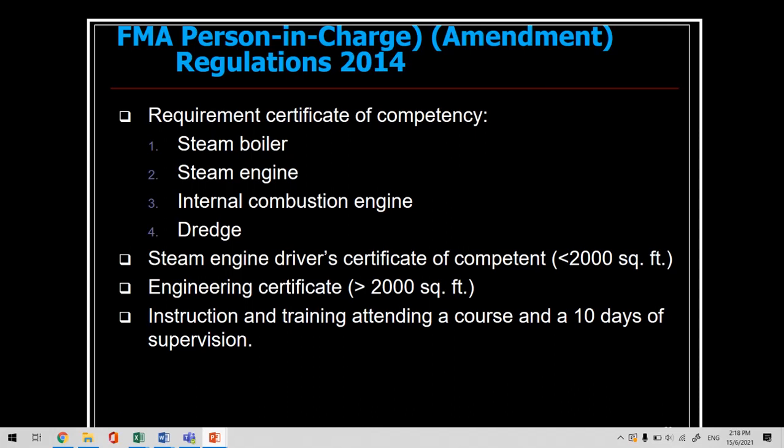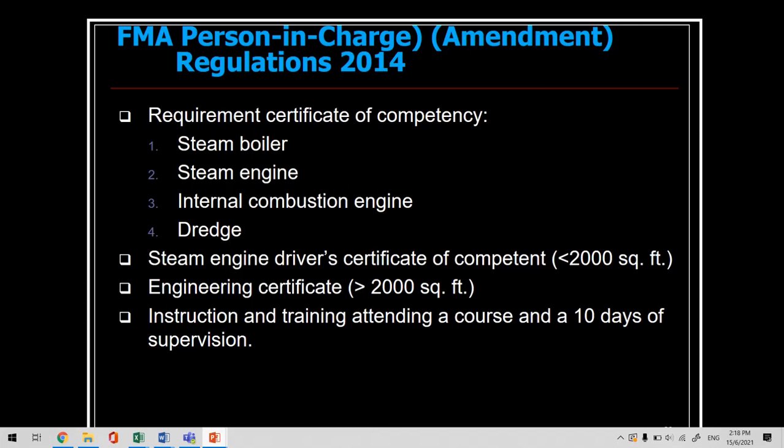And there are requirement certificate of competency for steam boiler. So setiap orang yang operate these 4 machine mesti kena ada certificate of competency. For example, kalau dia operate steam boiler, steam engine, internal combustion engine and dredge.